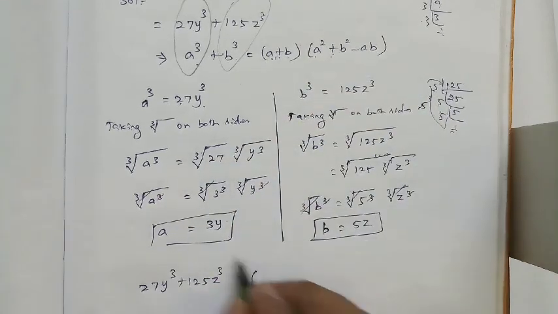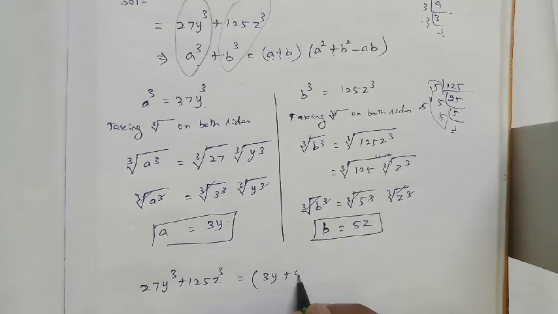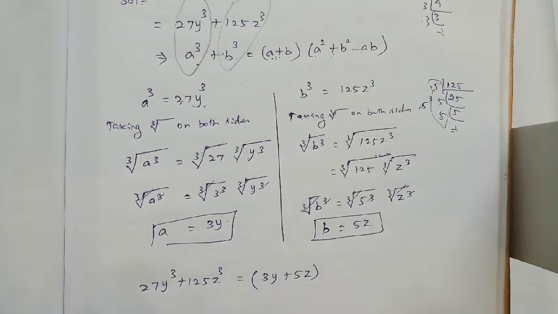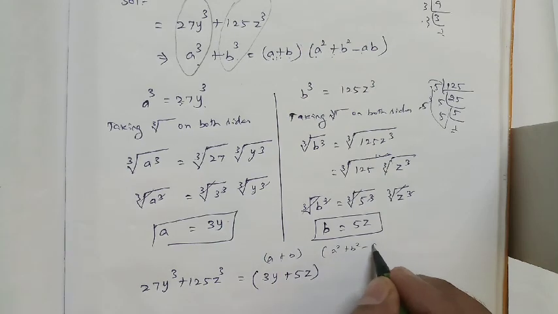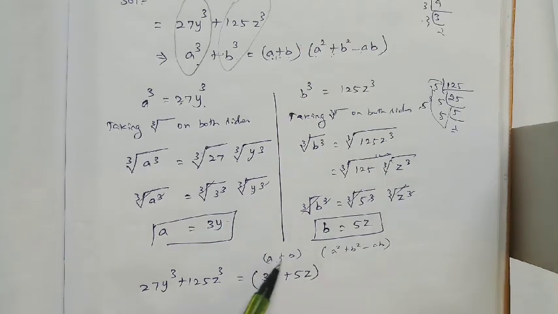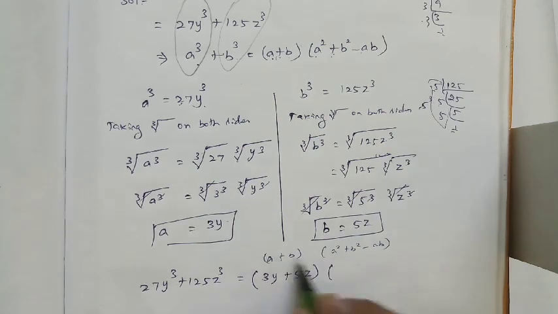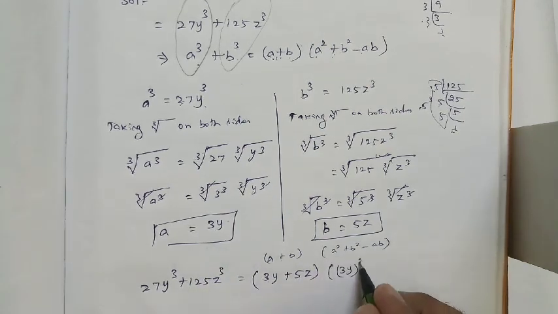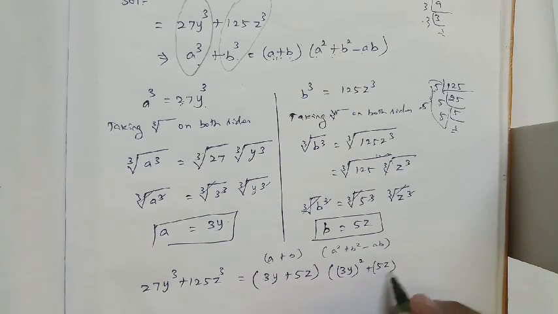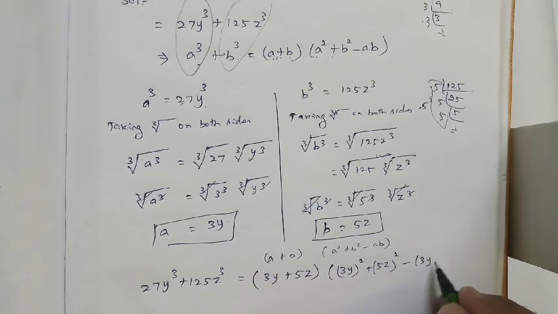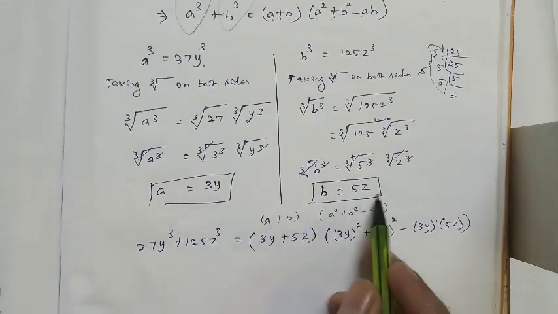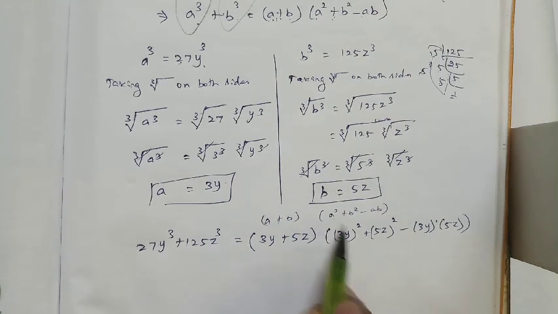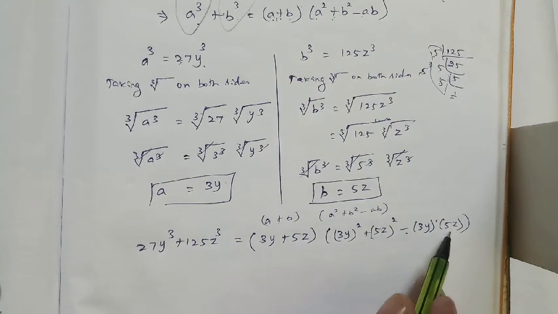So a plus b, that is 3y plus 5z, into a square plus b square minus ab, that is 3y whole square plus 5z whole square minus 3y into 5z. A is equal to 3y, b is equal to 5z.